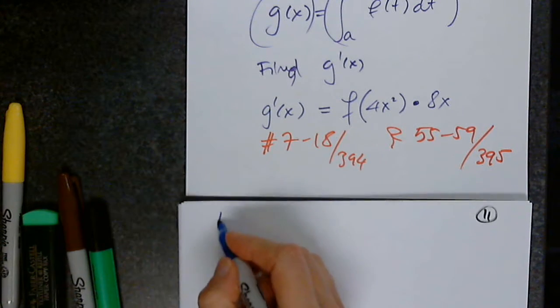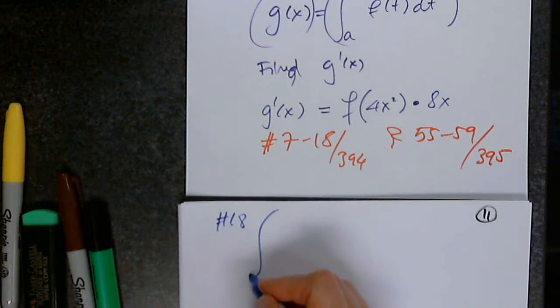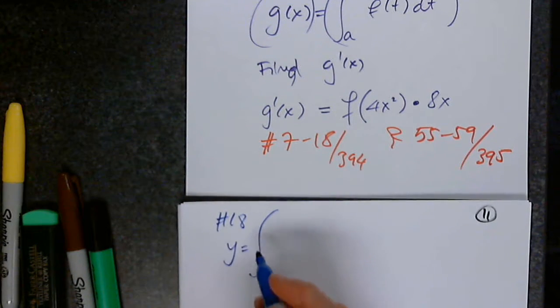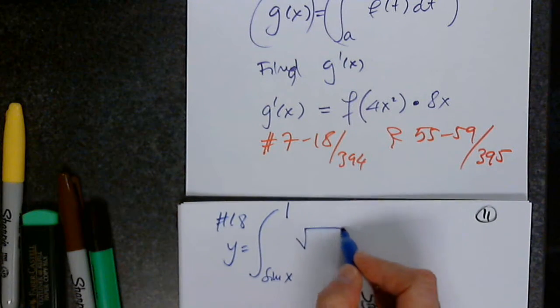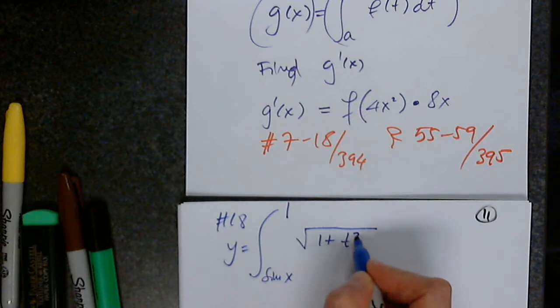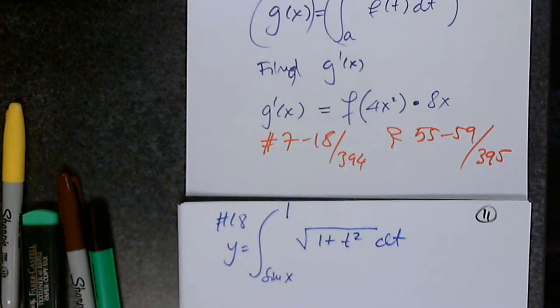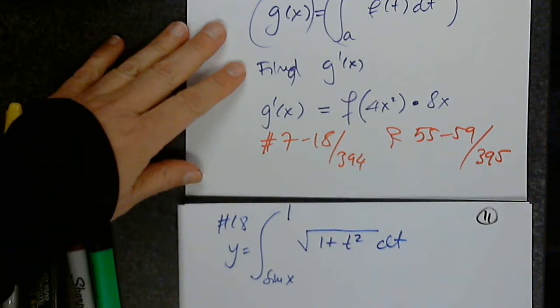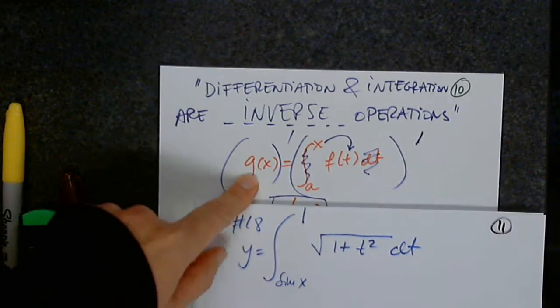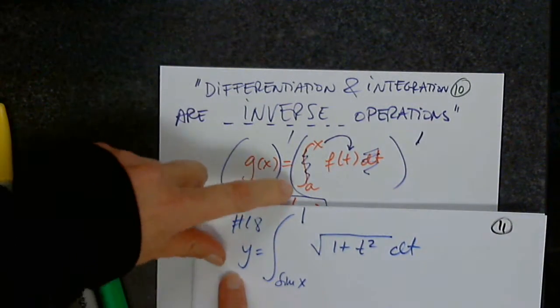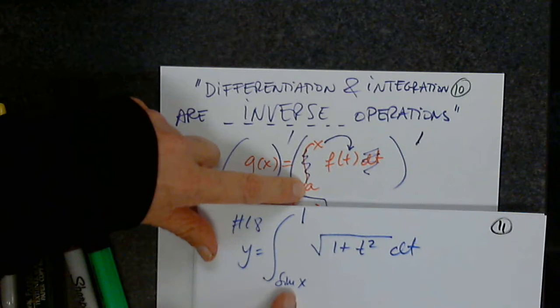So we have 18: y equals the integral from sine x to 1 of the square root of 1 plus t squared dt. Let me draw your attention to something here: g is our y, and the lower limit is not a number.